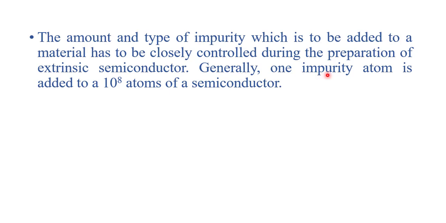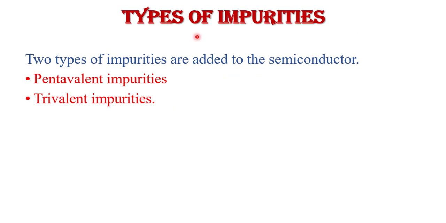Generally, one impurity atom is added to 10 raised to the power 8 atoms of a semiconductor. This much impurity is added in pure semiconductor to make it extrinsic semiconductor. Now, types of impurities. Basically, there are two types of impurities added to intrinsic semiconductor: pentavalent impurity or trivalent impurity. What is pentavalent impurity and what is trivalent impurity?